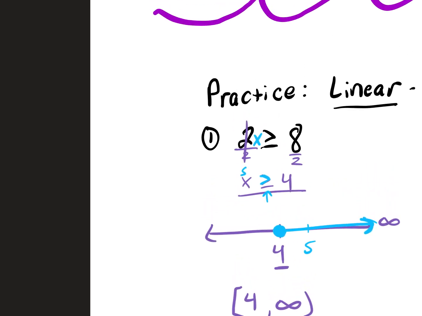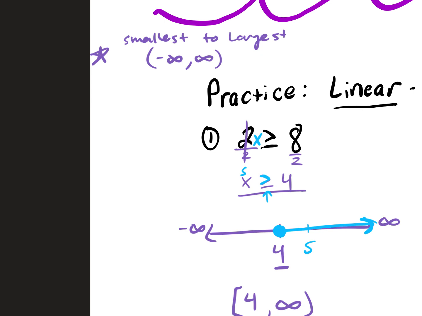So for interval notation, some important things to remember. It always goes from smallest to largest. So if we have a negative infinity, or if our line is pointing to the left, it's going in the direction of negative infinity. So negative infinity would always start first if it goes in the left direction. If it's pointing in the right direction, it goes to infinity.